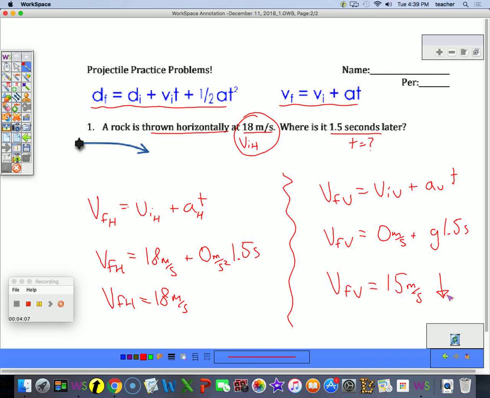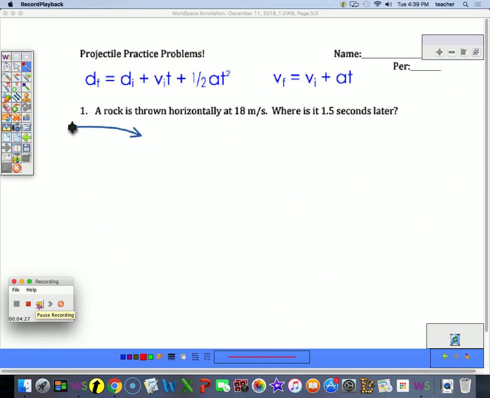To answer the question, where is the rock, what I really want to use is the distance equation. So I'm going to write out the whole equation, but I'm going to deal with it horizontally now because that's my question, at least for now.